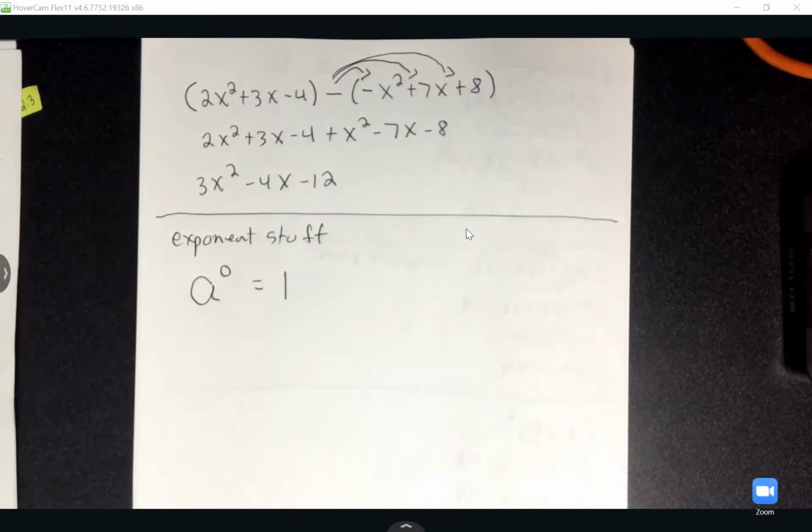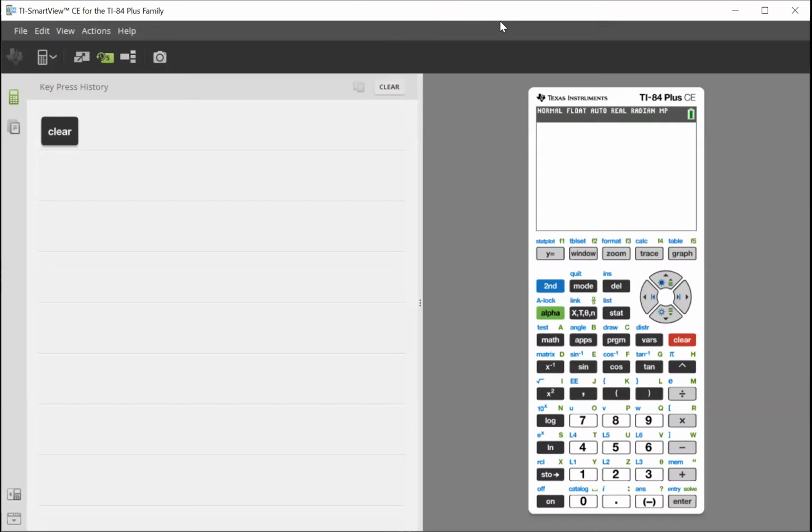And y'all watch this. I'm gonna pull my calculator up. So on my calculator, I'm gonna do 7, and I'm gonna use the upside down V caret key under the clear button, and I'm gonna put in a 0. And 7 to the 0 equals 1.